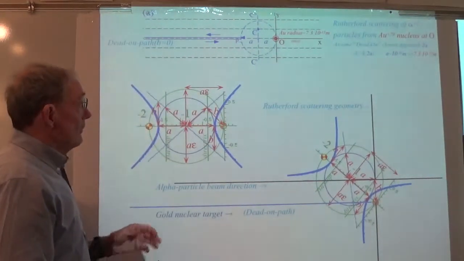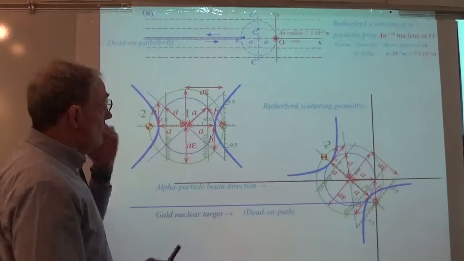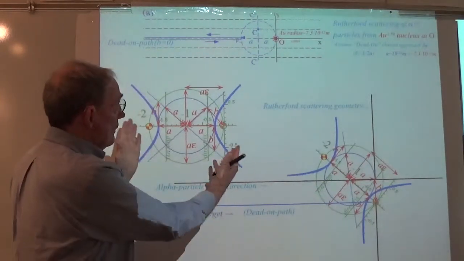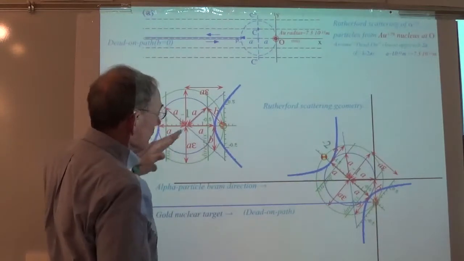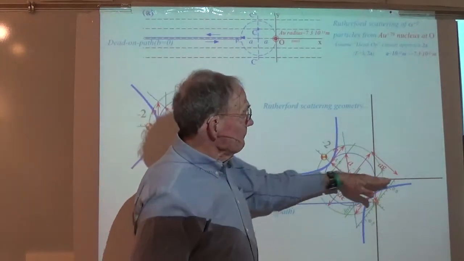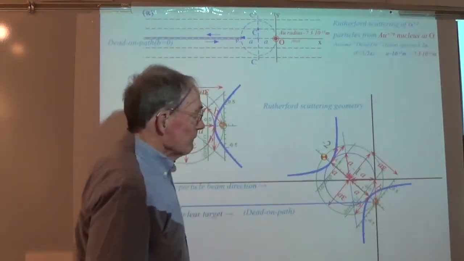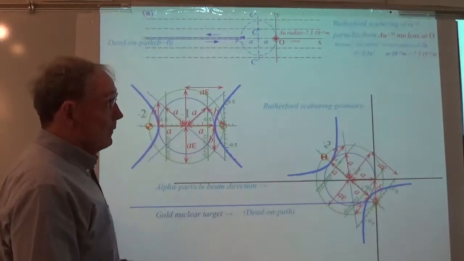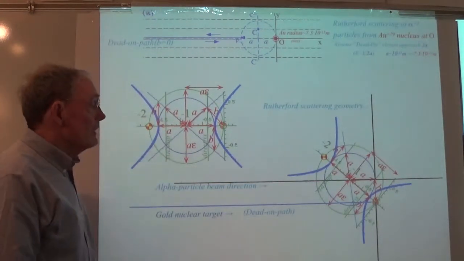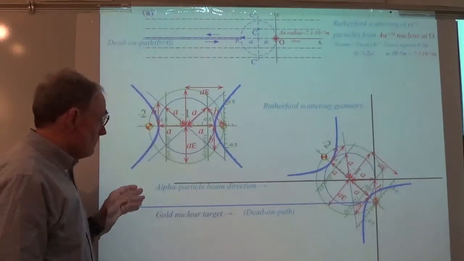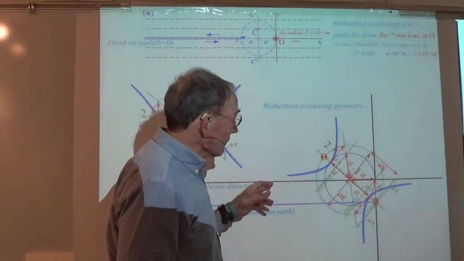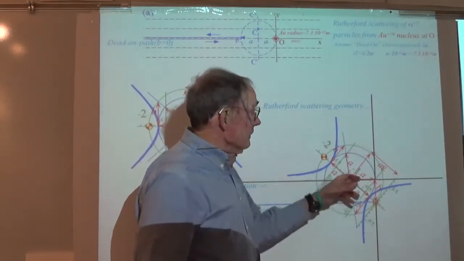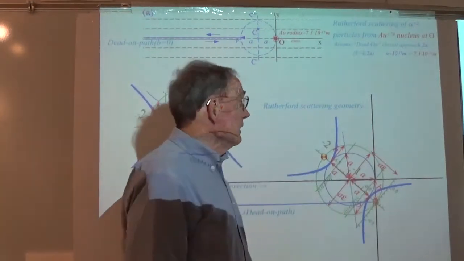So the construction that I'm about to show you here is just based on taking an ordinary hyperbola and turning it on its side so one of the asymptotes can represent the beam that would be coming in if he was doing an experiment with some sort of cyclotron or synchrotron device. So the idea is an alpha particle is going to come cruising down here, and if the nucleus isn't there, it's just going to go on this line forever.